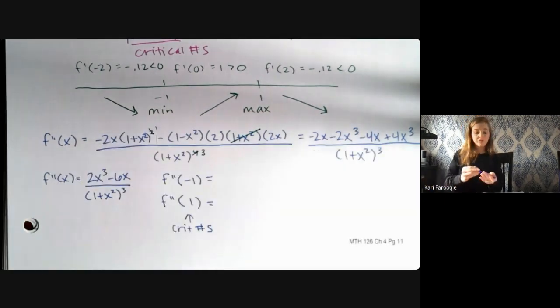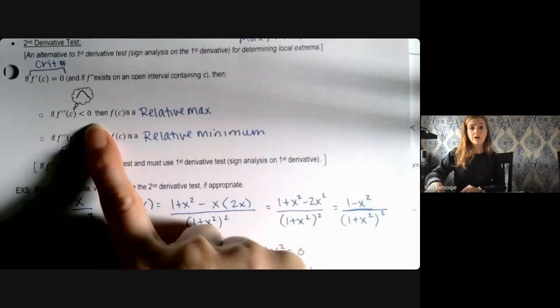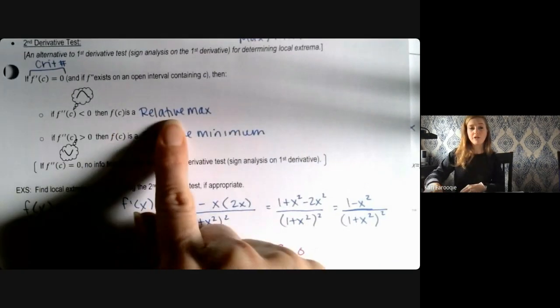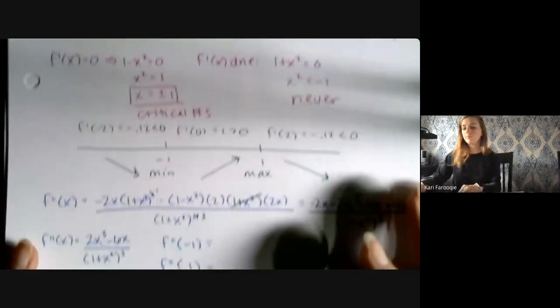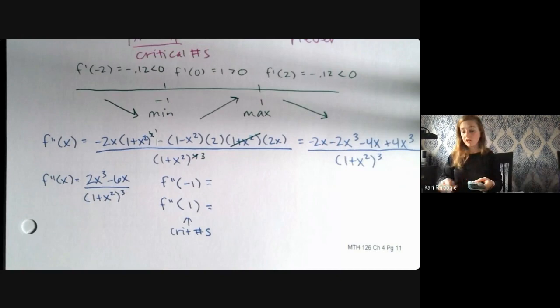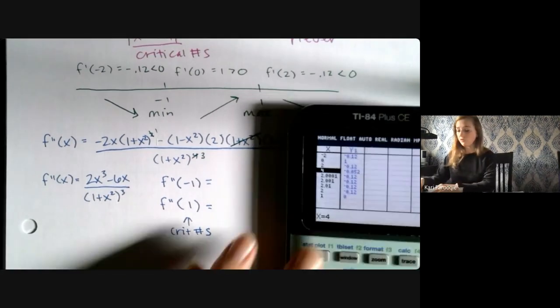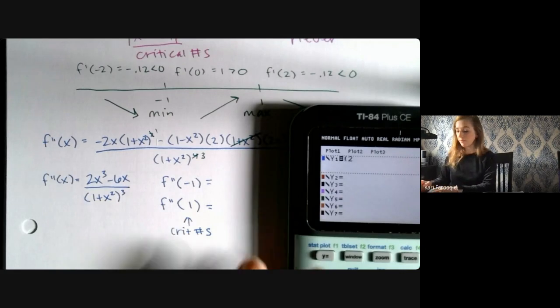And you're going to look at the sign of the second derivatives evaluated at your critical numbers. If the sign is less than 0, then you have a relative max there. If it's greater than 0, you have a relative min. So again, you can just input this straight into the function if you want. If you trust yourself more with the calculator, then do it that way.